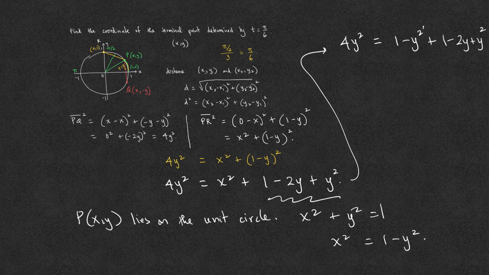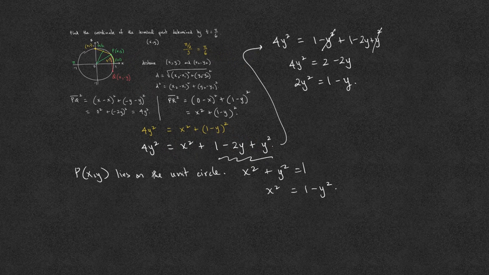The minus y squared cancels out the plus y squared, so we end up with 4y squared equals 2 minus 2y, which simplifies to 2y squared equals 1 minus y. We then zero this out so that we can solve the quadratic equation. 2y squared plus y minus 1 equals 0.